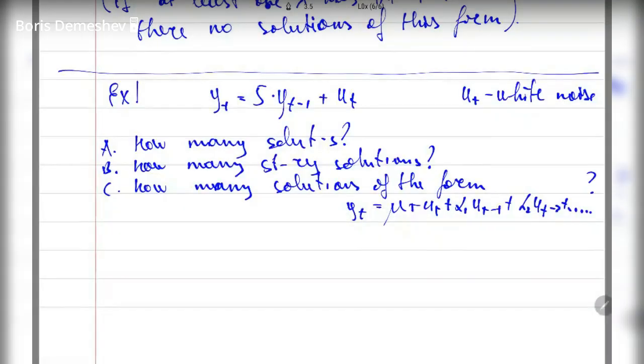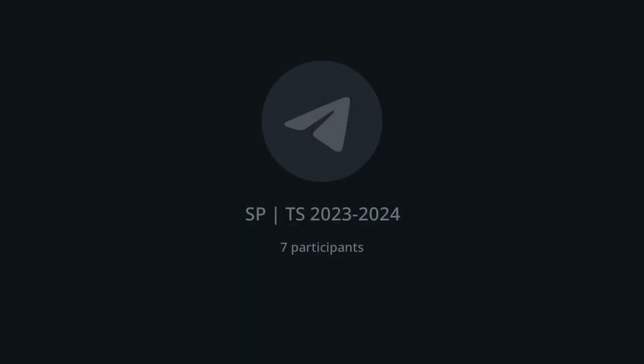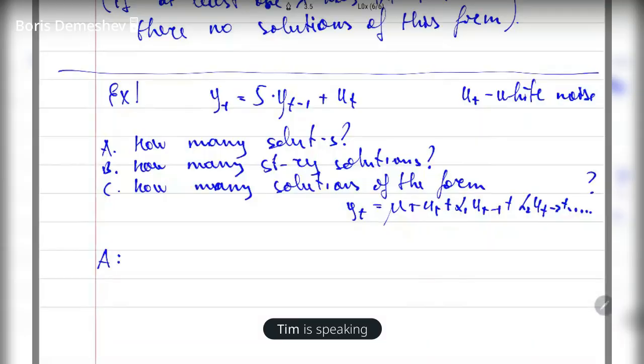Okay, who can answer? I guess there are infinitely many solutions. Infinitely many. Yeah, you can choose any y_0. And if you choose y_0, you can deduce y_1, you can deduce y_2, you can deduce y_{-1}.